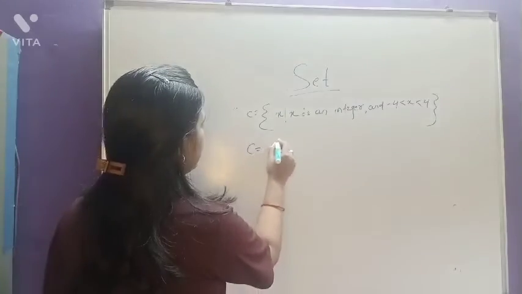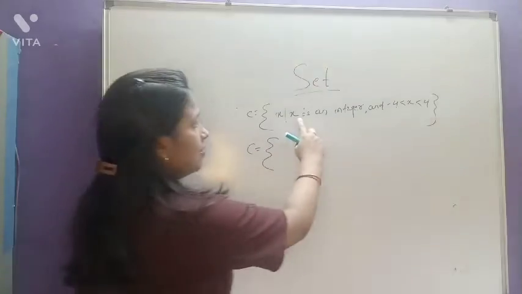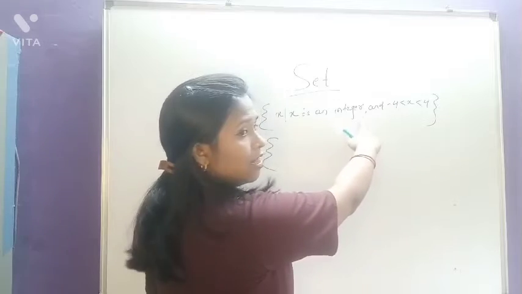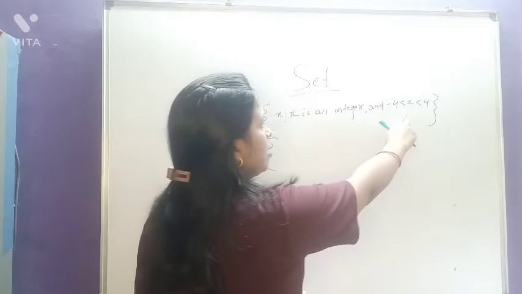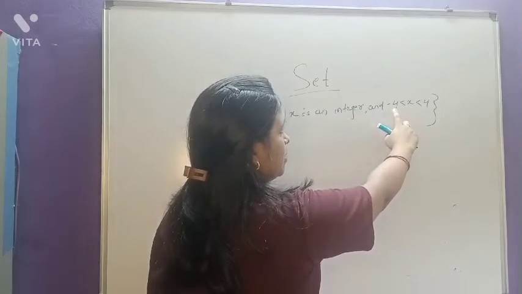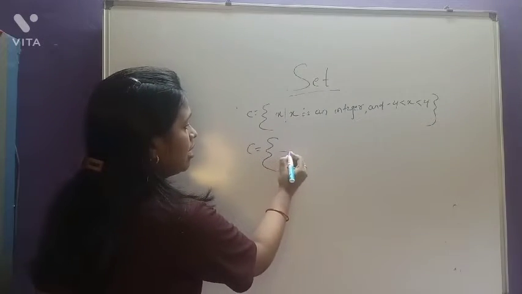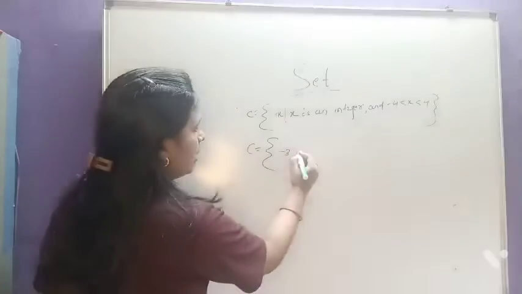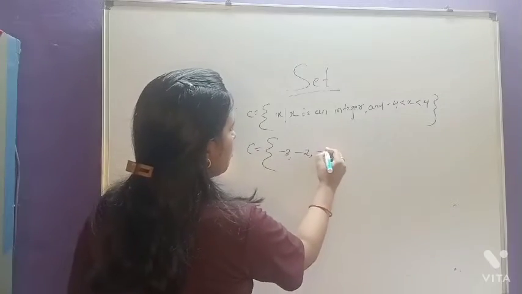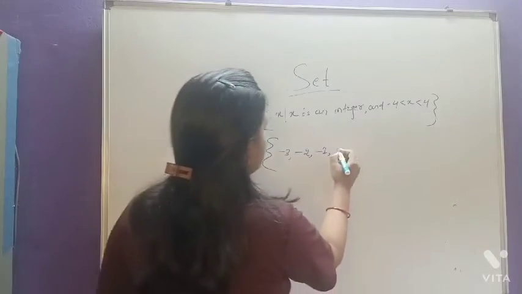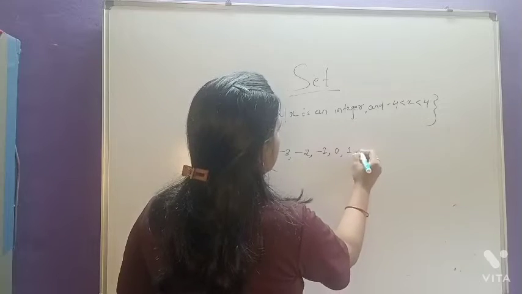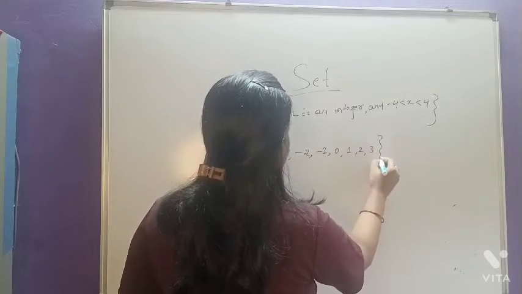So I can write C is the set of x where x is an integer and the condition given is that the integers lie from minus 4 to plus 4. So I can write the elements minus 3, minus 2, minus 1, 0, 1, 2 and 3.